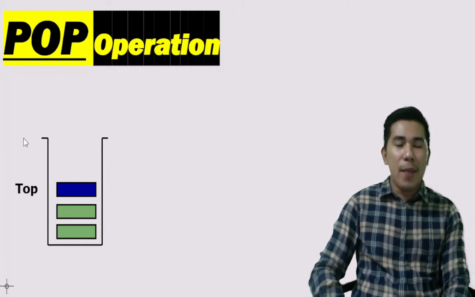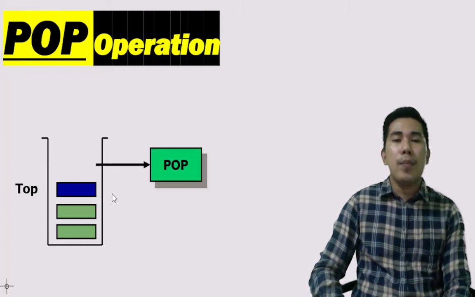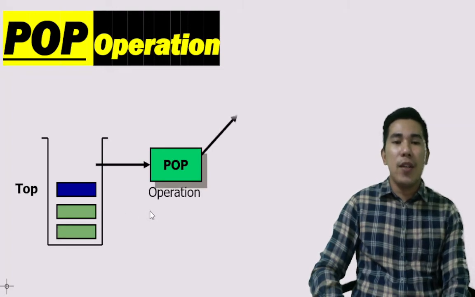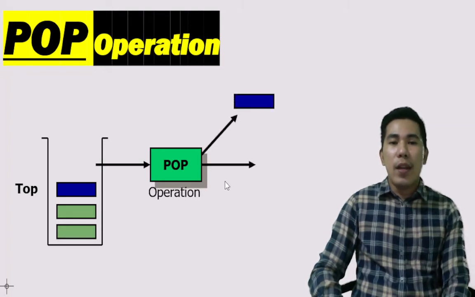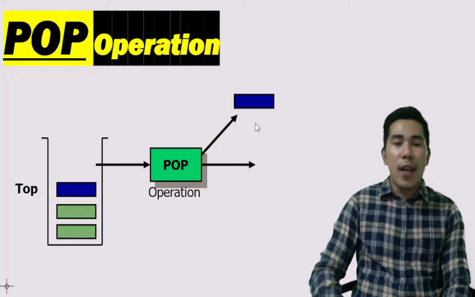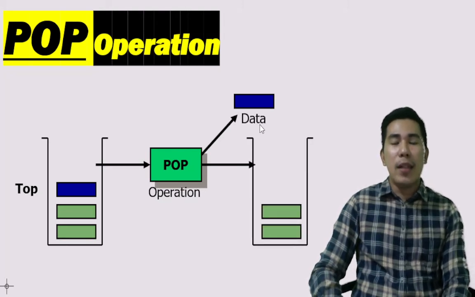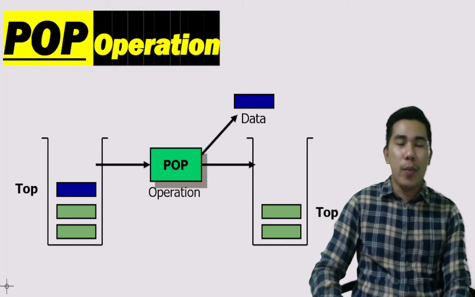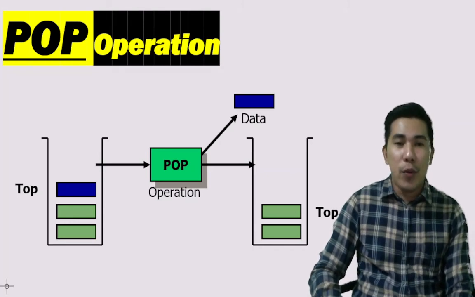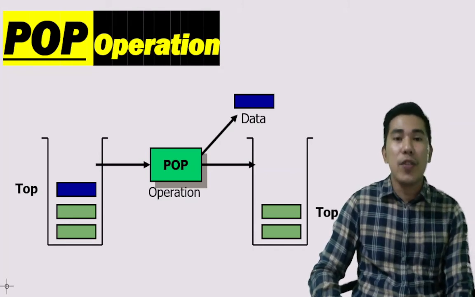You have three elements there, and the top is the blue one. After the pop operation, it will remove the data or the element, and then the top is now going to be the second element. So that's how the pop operation does its process.